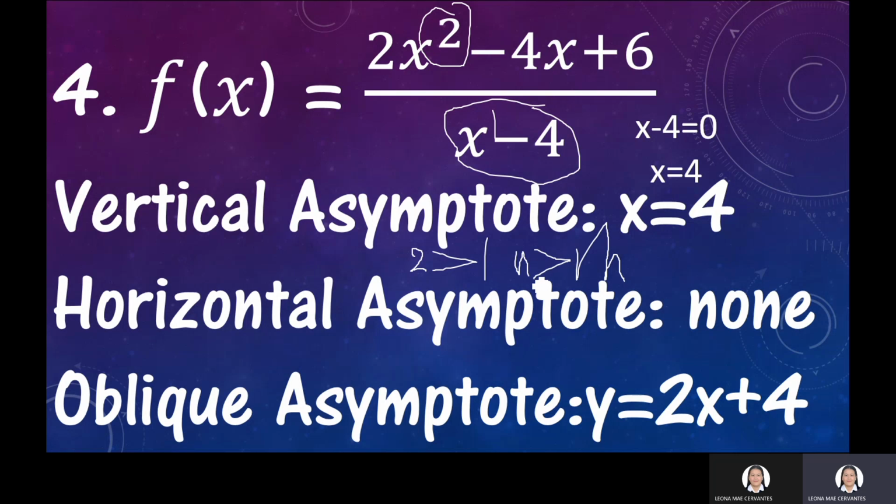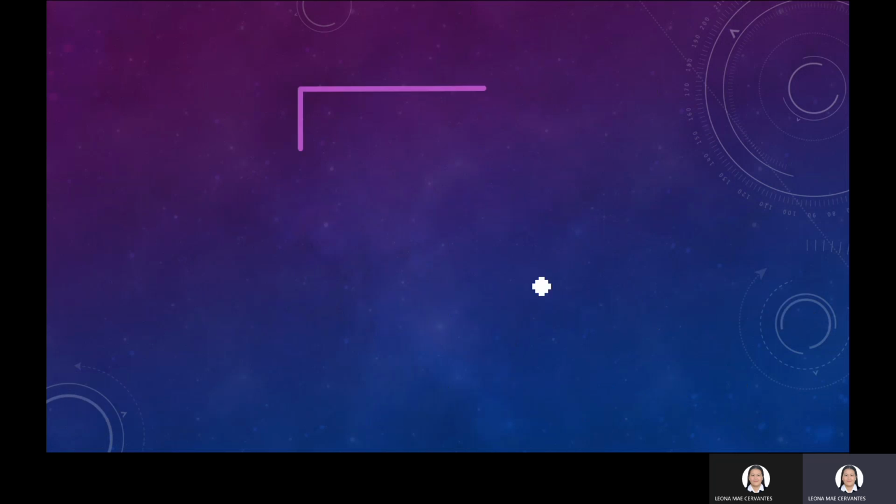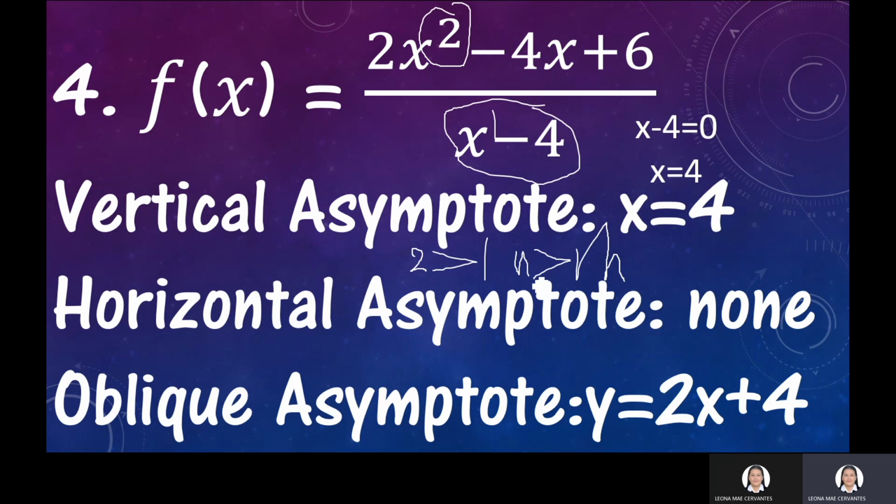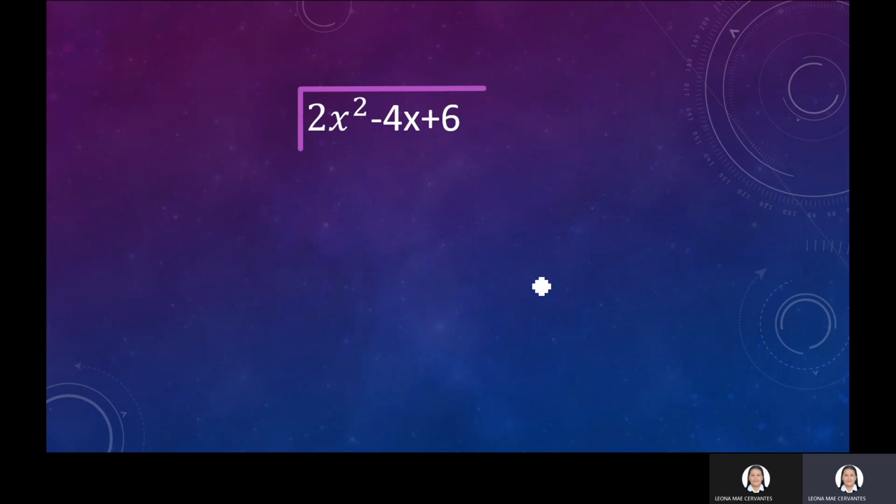So, para makuha yung oblique asymptote, di-divide natin yung numerator sa denominator. So, numerator is 2x squared minus 4x plus 6 divided by x minus 4.